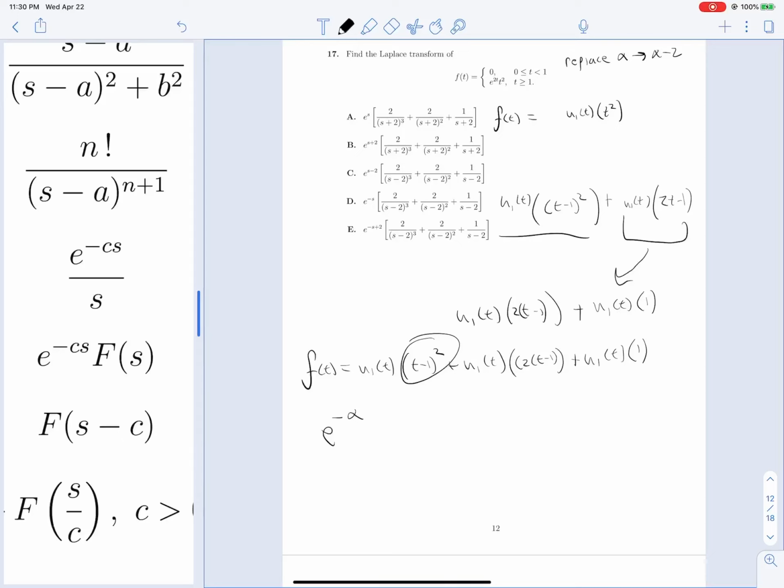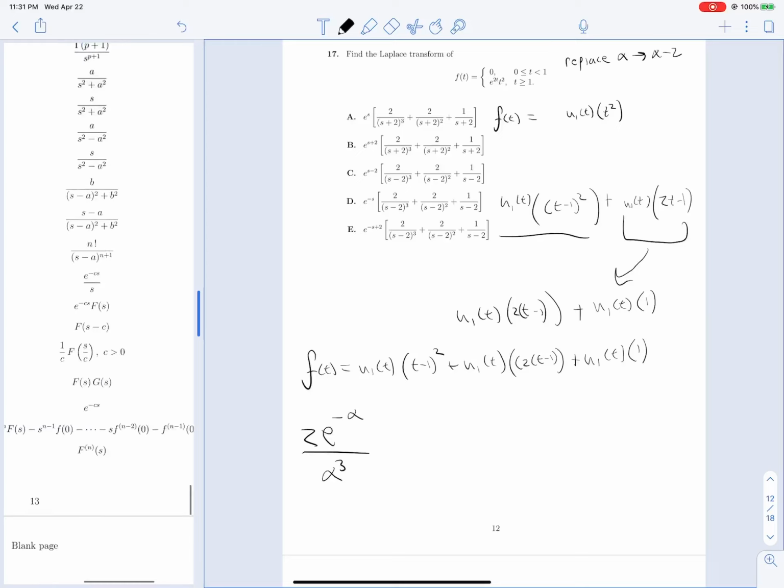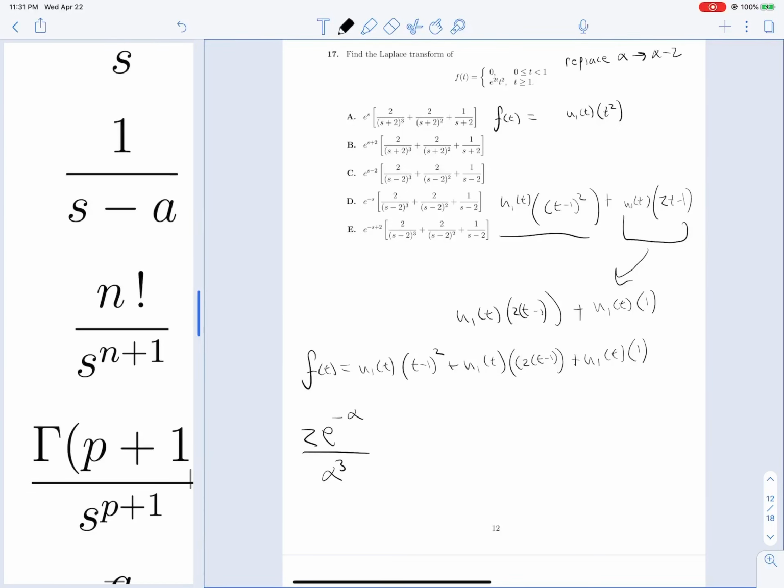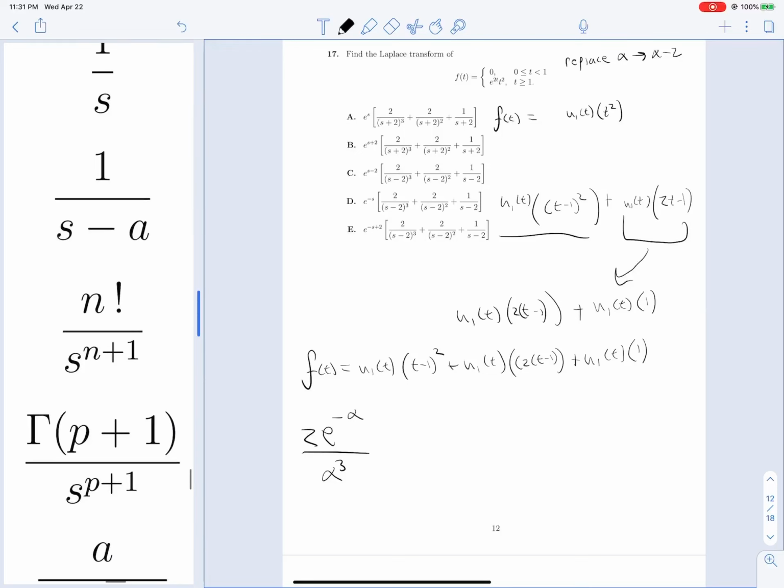So in this case, f of t is t squared, and the Laplace transform of that is 2 over alpha cubed, because I'll just show you the rule. You can go look at it yourself. T to the n Laplace transform is n factorial over s to the n plus 1. Okay, so we got that bit.